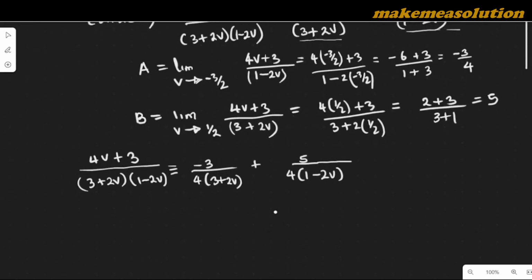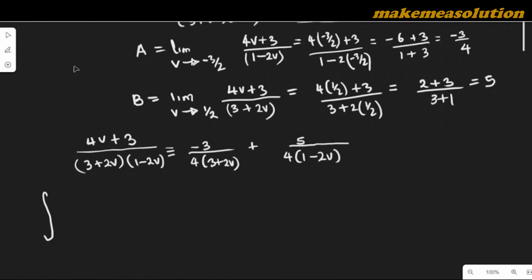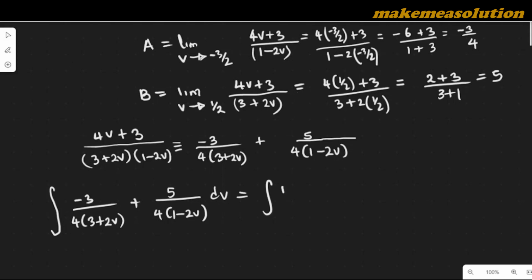So back to the integral. Our integral, of course, had the fraction, right? So I'm just going to replace the fraction with the partial fraction now. We have negative 3 over 4 into 3 plus 2v and plus 5 over 4 into 1 minus 2v dv is equal to the integral of 1 over x dx. So let's begin.